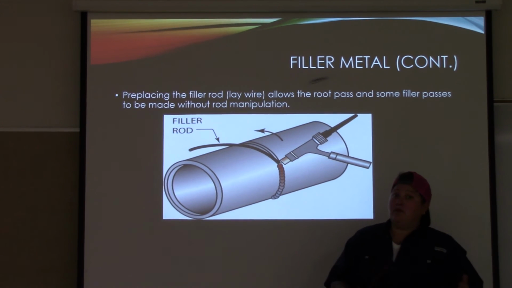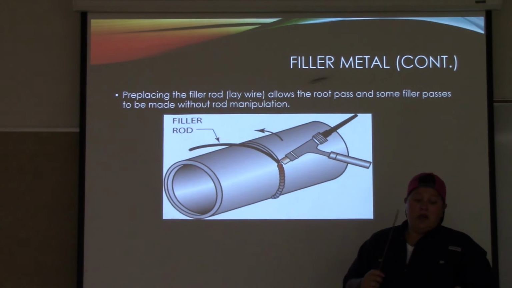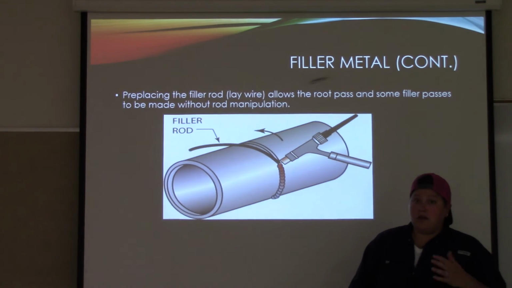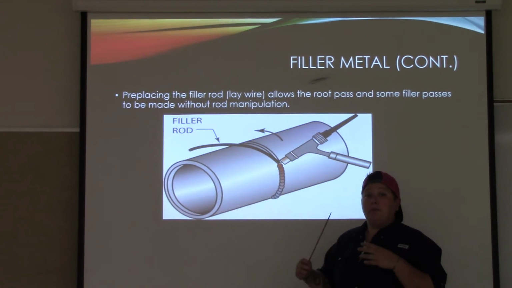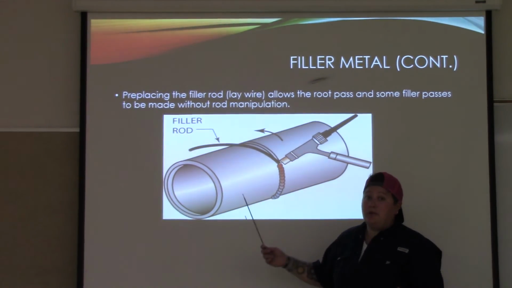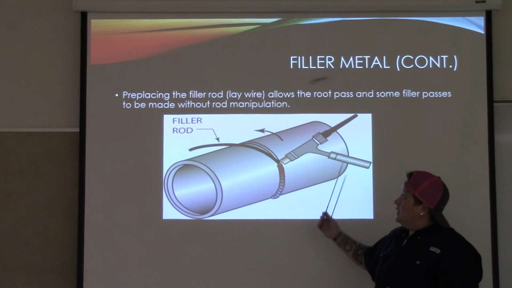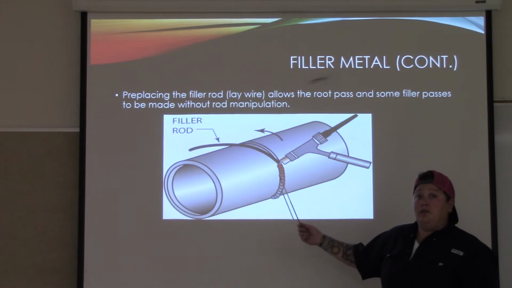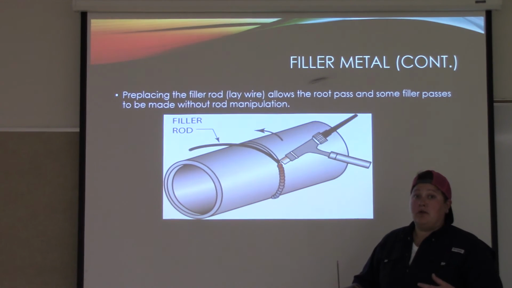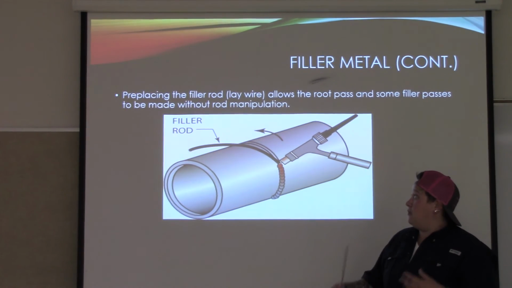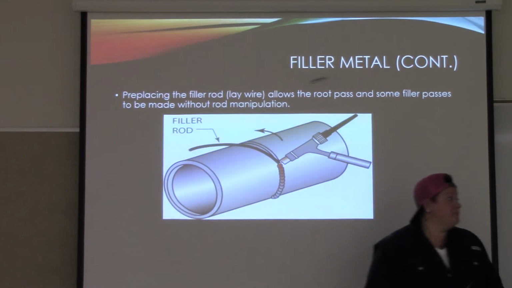This was talked about in previous videos about lay wire, about dabbing, about walking the cup. So it depends on your preference and how you're going to weld up the pipe, okay? This is just going over certain things that you could possibly do when you're welding pipe, but of course learn the right technique that allows you to get the right penetration for your root.